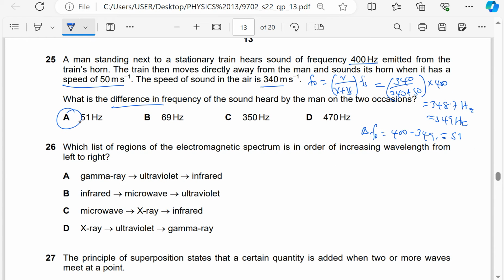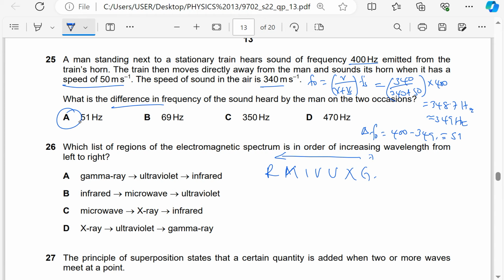Which list of regions of the electromagnetic spectrum is in order of increasing wavelength, left to right? Remember, Reed's mother is visiting Uncle Xavier's garden. So increasing wavelength. Wavelength increases in this direction.